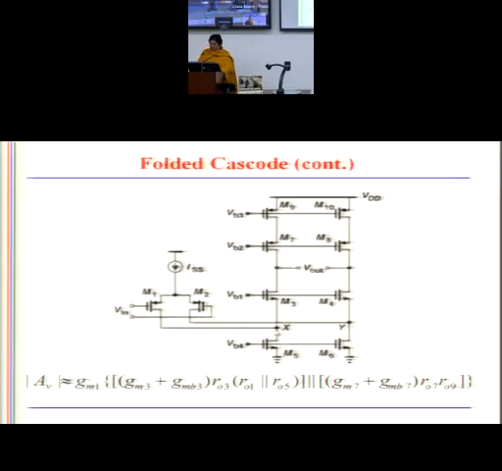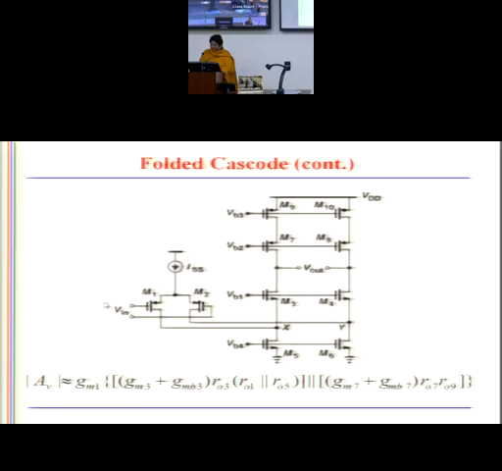You will have parasitics at X coming from all the transistors M3, M5 and M1. Their components will appear as a capacitive loading at X, which will give you a pole.